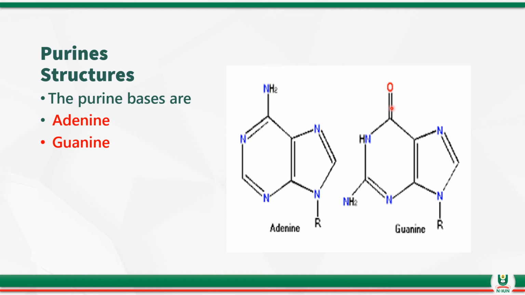Because of this attachment of oxygen, a double bond that was present here has gone to form this group. These are the differences between adenine and guanine, and it's good you note. So when you see a compound formed from adenine, you will know, and that formed from guanine, you will also know.